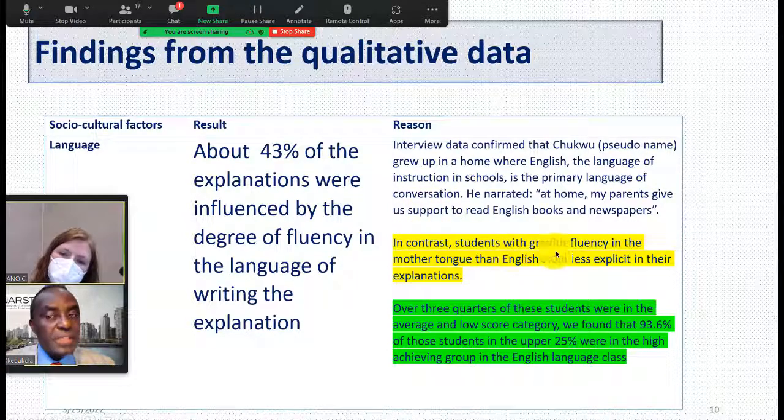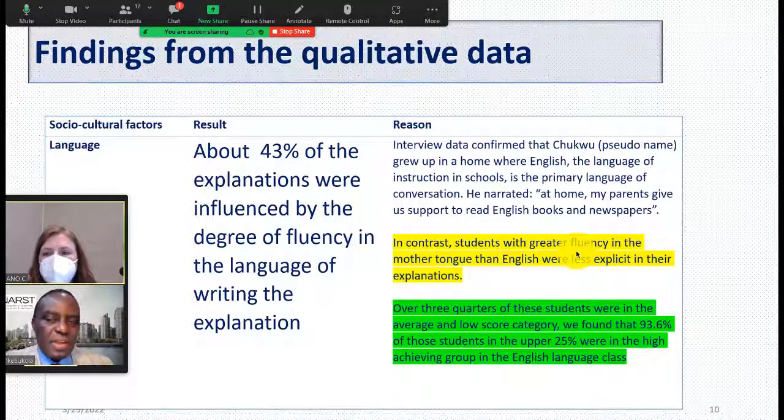In contrast, students who had greater fluency in the mother tongue than English were less explicit in their explanations. We found that over 3/4 of these students were in the average and low category, and that 93%, 94% approximately of those students in the upper 25% were the high achieving group in the English language class.